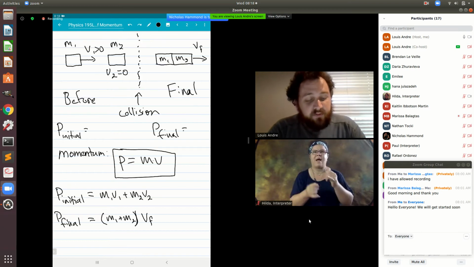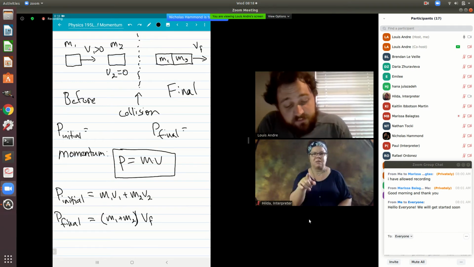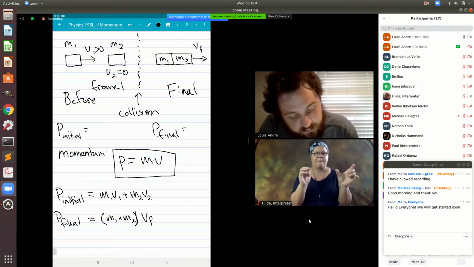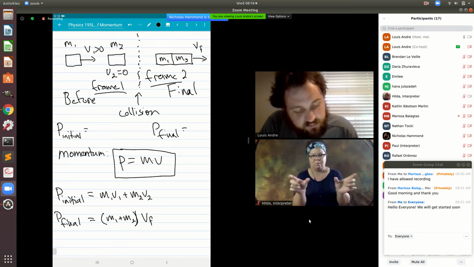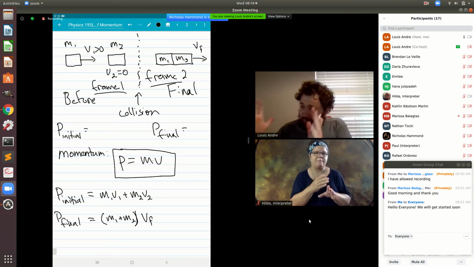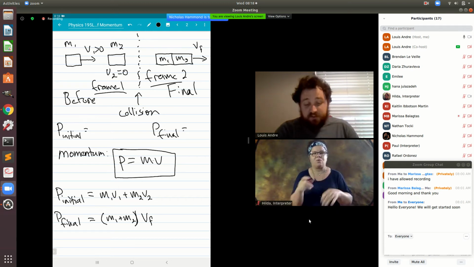Once again, what that means is I had some initial frame here, so this is like frame 1. This is frame 2. What I mean by that is the before and after: the time frame before the collision and the time frame after the collision.